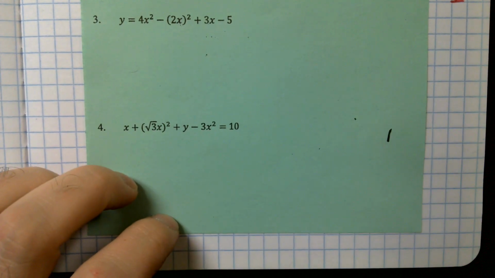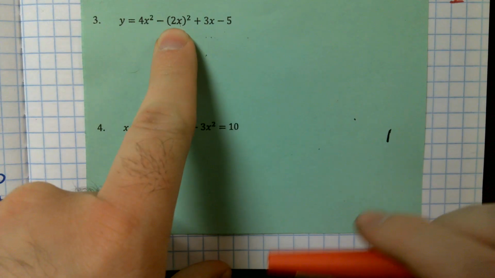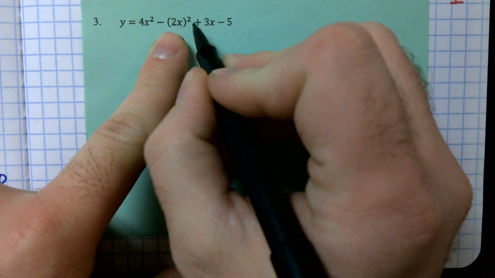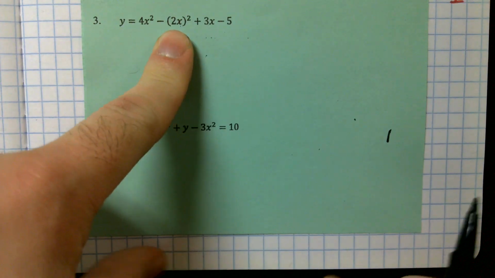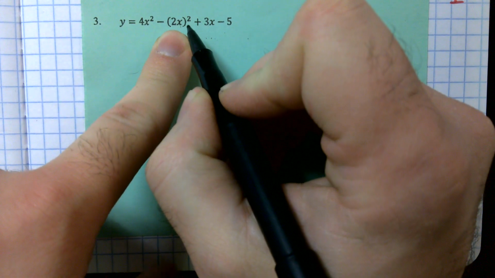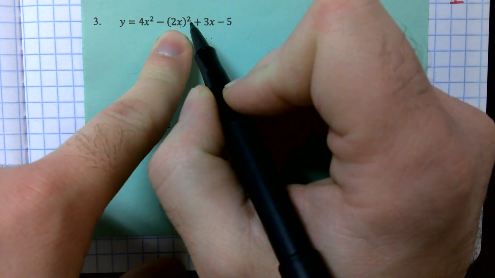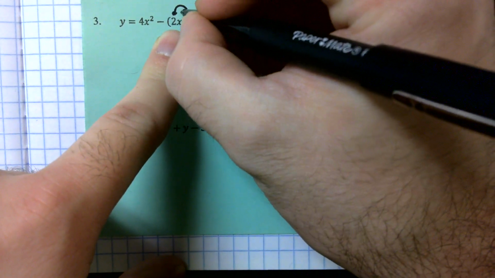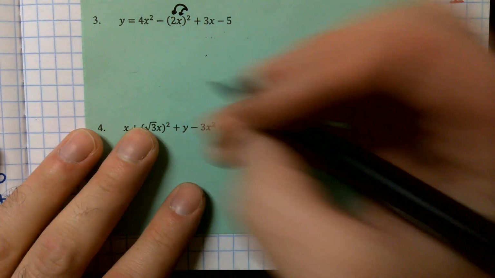Now, number 3. Ooh, this is going to be tricky, especially with our PEMDAS problems this morning. If I have 2x and see that exponent, I forget who it was that asked about the exponent. But see that exponent on the outside? When I have that, I know I need to distribute it to the 2 and the x.